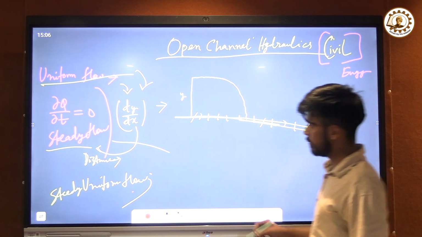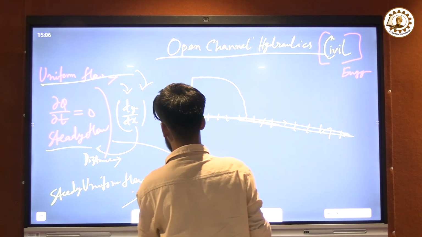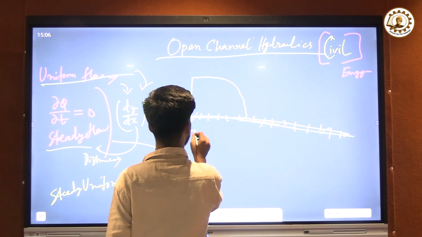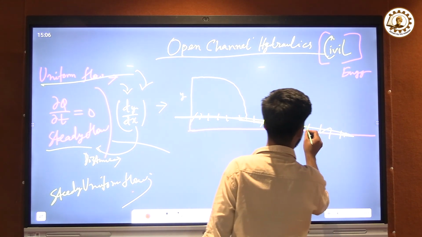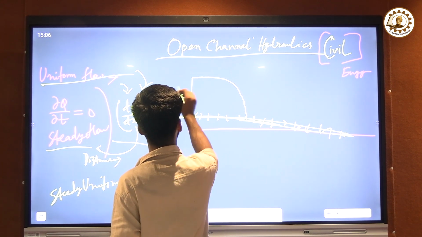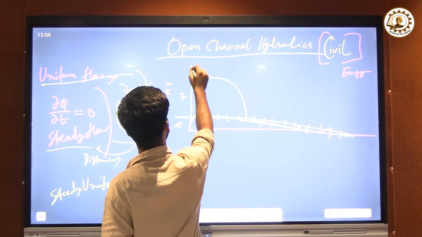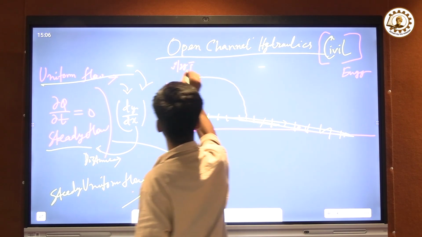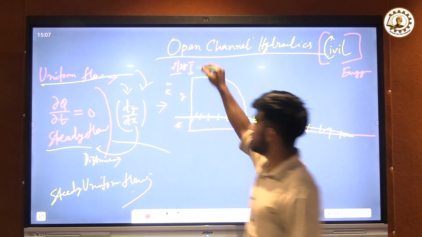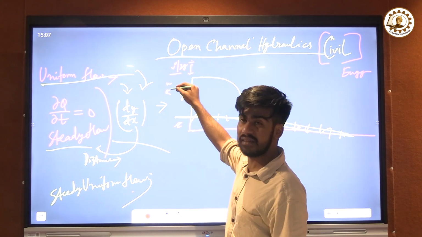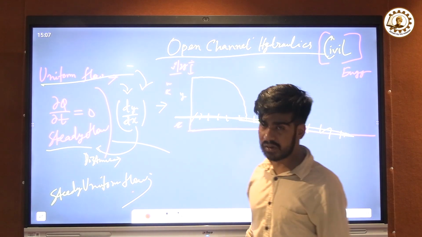This is our bed, and this is our datum level, with a particular angle z. In the last class we learned that this section is the kinetic energy or velocity head, this section is the pressure head, this section is the potential head.